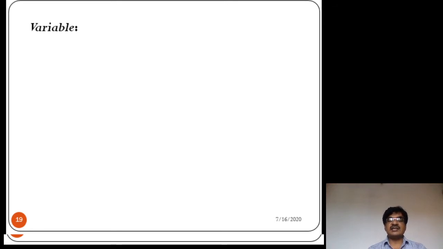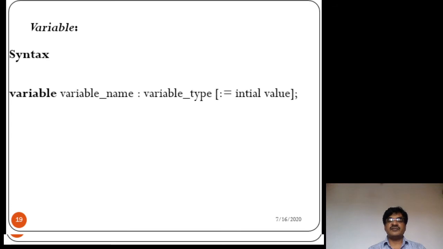Let us see the syntax of the variable data object. It starts with the word variable, variable name, colon, type, and an optional part, colon equal initial value. Initially you can assign a value or not.